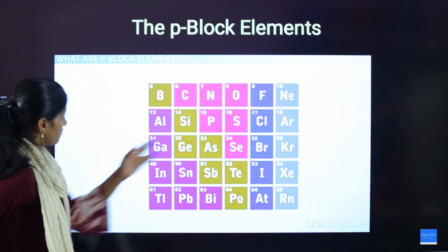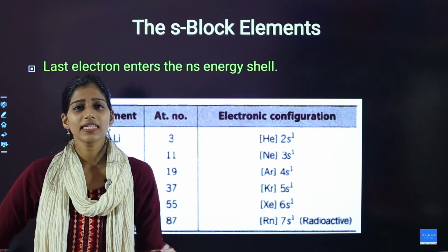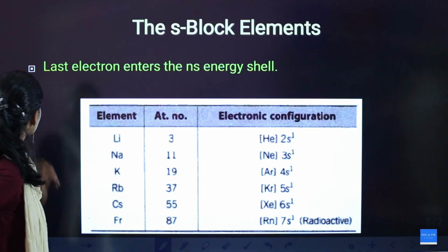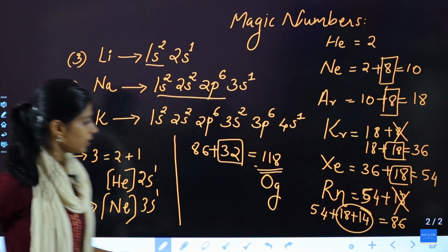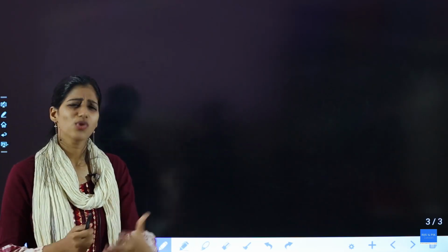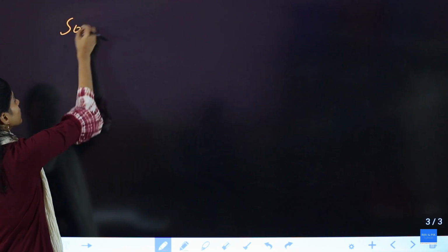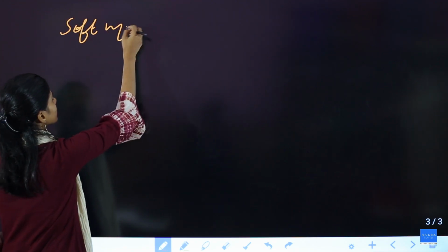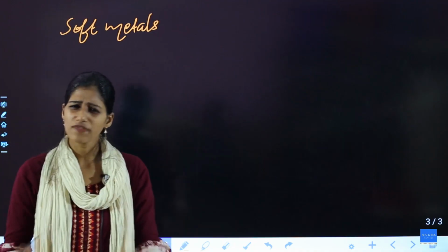Before moving into the p block, there are some points that should be remembered in the s block. So, here I will take a new slide. In this case, in the s block, what are the properties that you know in common? S block elements are very soft metals.